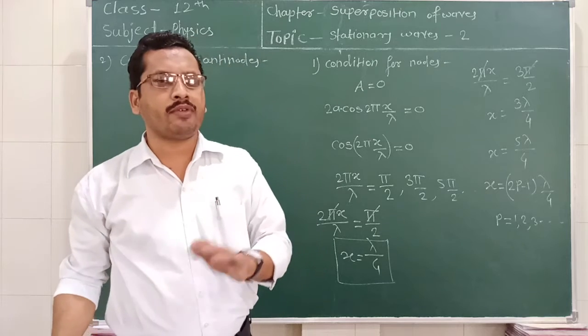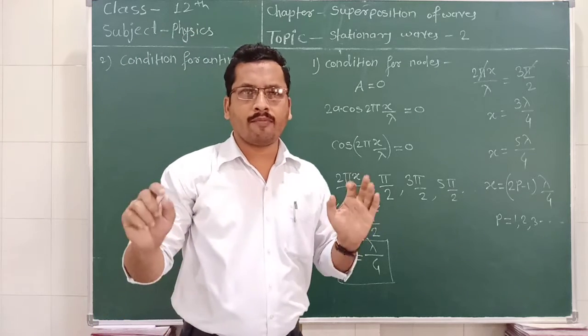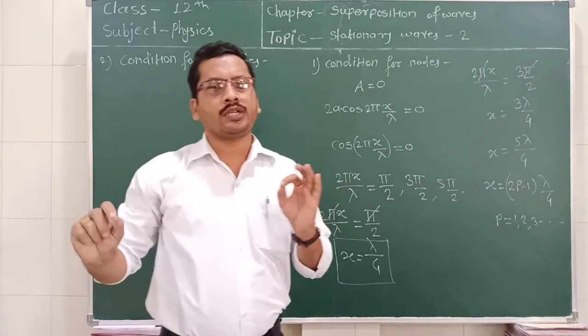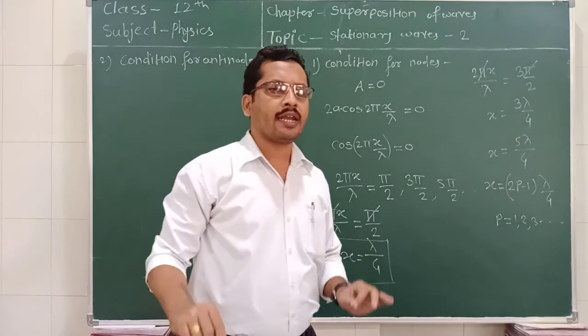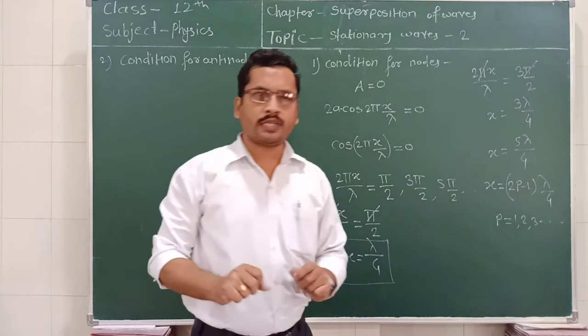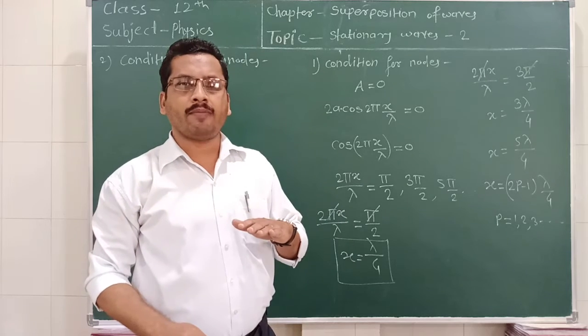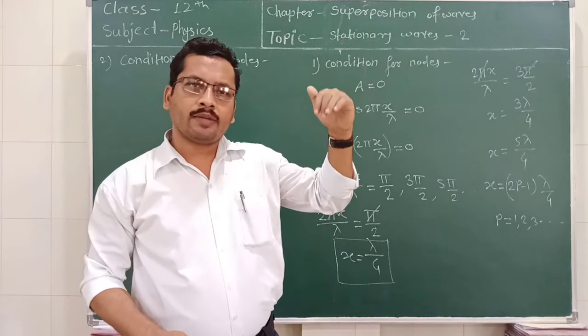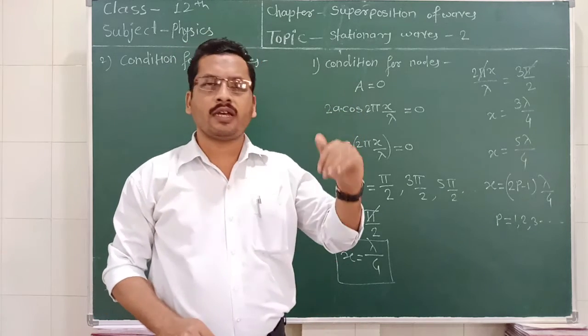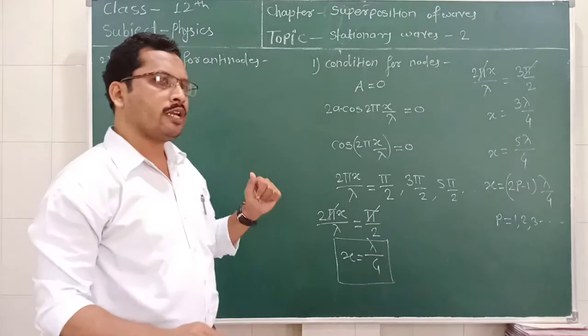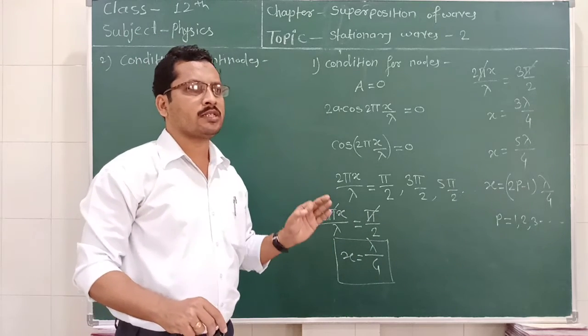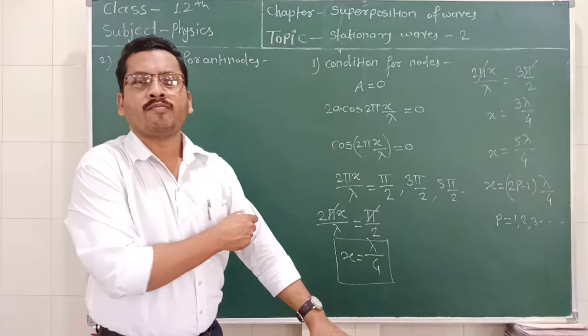particles can vibrate with the maximum amplitude, and the maximum amplitude the stationary wave can get is equal to plus minus 2a. What is plus minus 2a? Plus 2a means it can vibrate in the upward direction, and minus 2a means in the downward direction. Okay, so it may take the value from plus 2a to minus 2a.